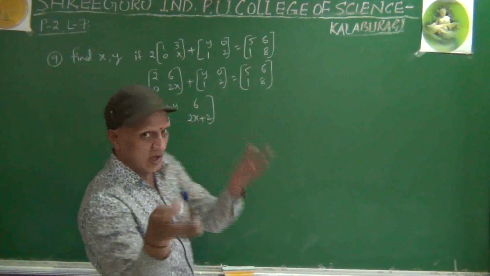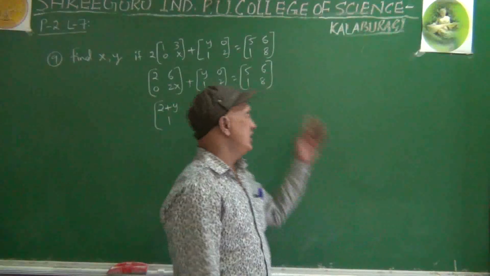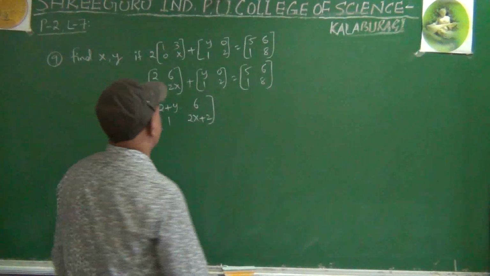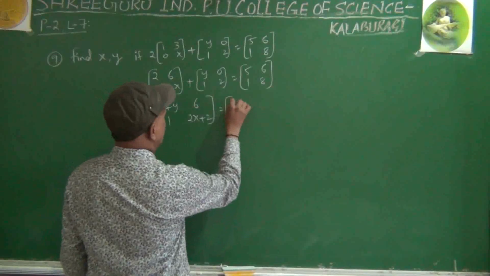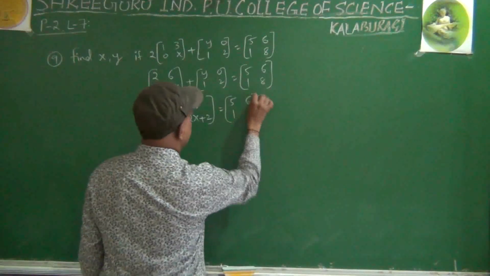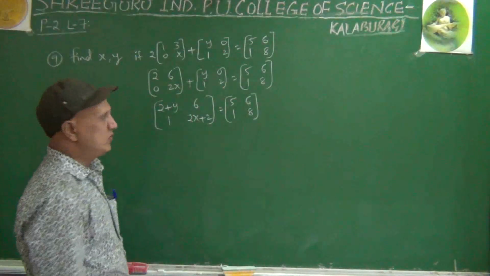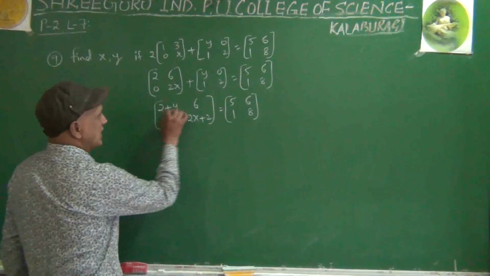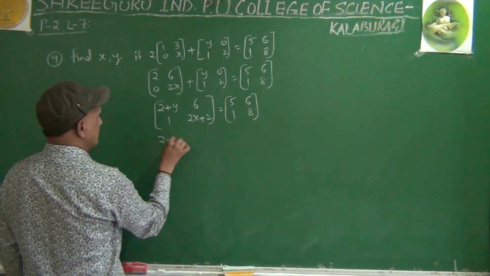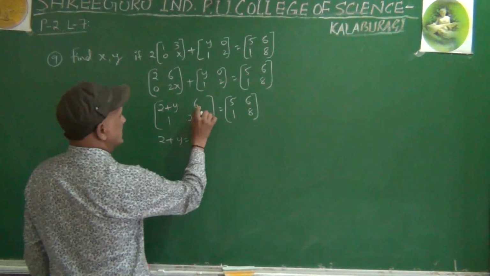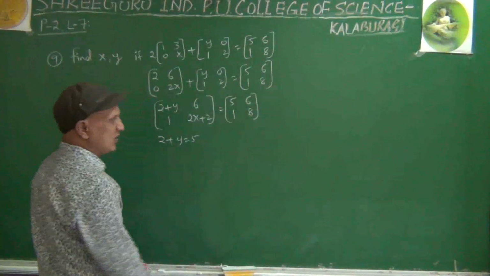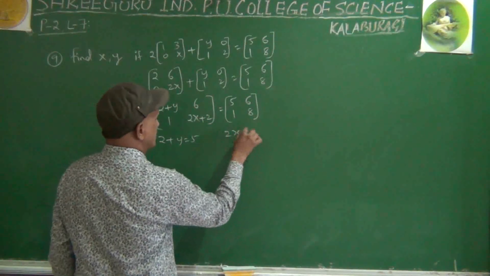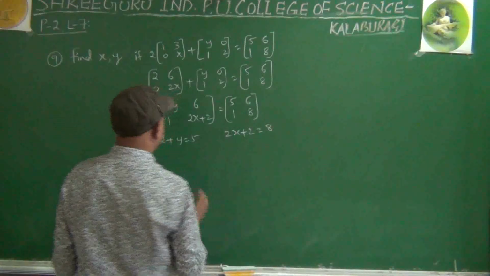These questions you have to solve. You no need to wait for my steps. Equals 5 6 1 8. Now, what is the concept? Equality of matrices. Equate 2 plus y equal to 5. 6 equal to 6, not necessary to write. 1 equal to 1, not necessary to write. 2x plus 2 equals 8.